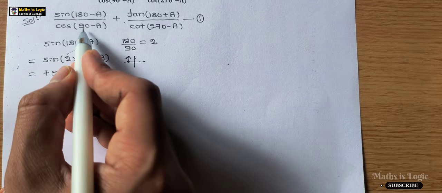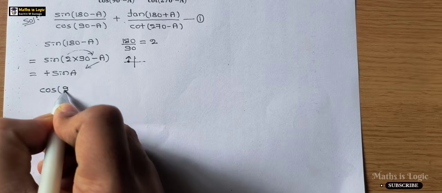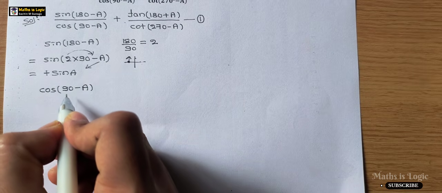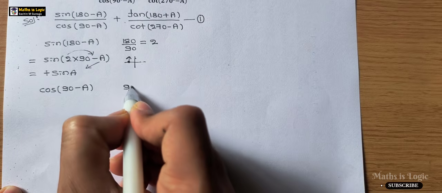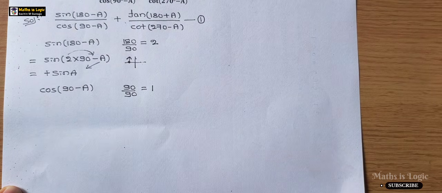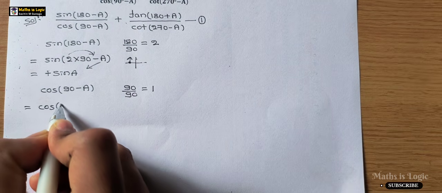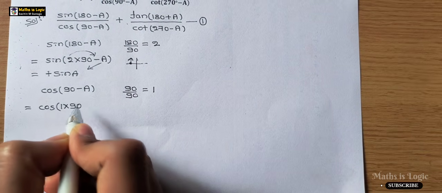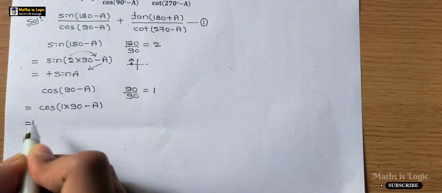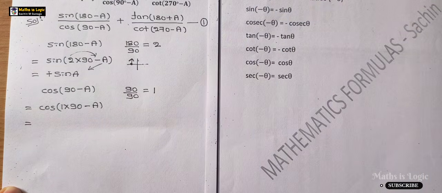Next, cos 90 minus a. Here the angle is 90. So 90 divided by 90, you will get 1. So how to write in standard form? Cos 1 into 90 minus a. You can see here, odd number, correct?